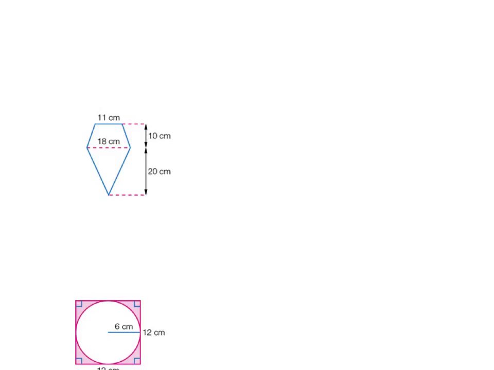So if you look over here at the first shape, we've got a trapezium and we've got a triangle. All right, they're pushed together, so we're going to work out the area of both of them. Okay, so what I want you to do, I want you to write what you're talking about. So if we're going to be looking at the trapezium, you can just do an abbreviation, TRAP. What do you have to do for trapezium?